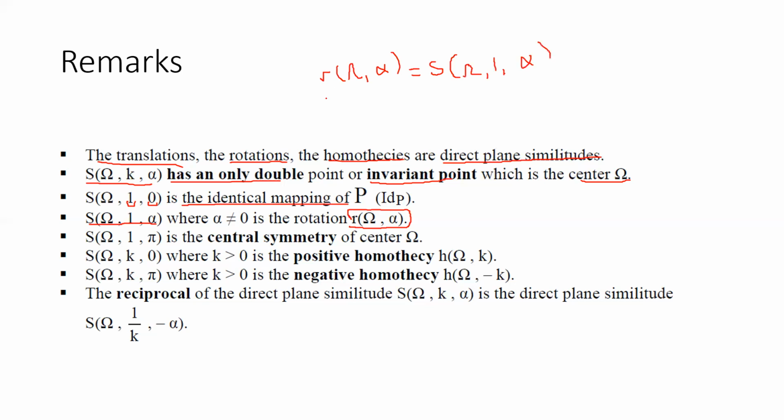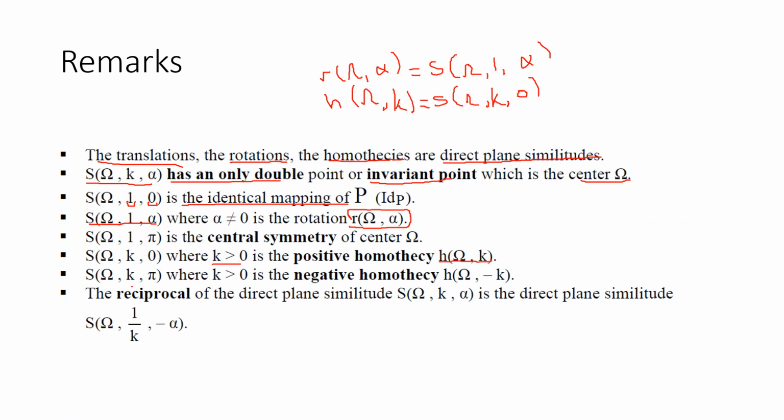By the same way, dilation omega k, k positive, is similitude omega k 0. So S omega k 0, k positive, is a similitude omega k, is an angle 0.